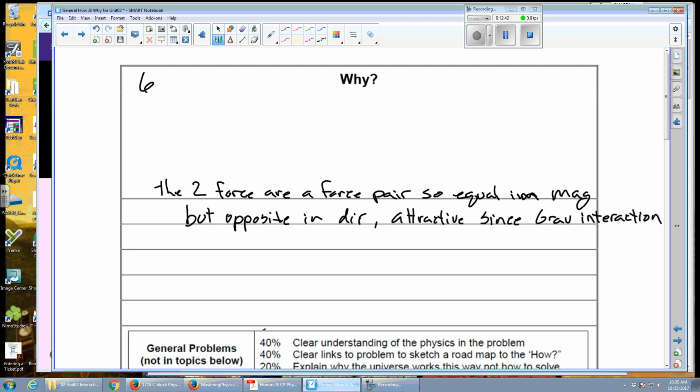What else determines anything about the gravitational force between these two things? Anything else contribute to the gravitational force between the can and the jar? The distance between them. What happens if I increase the distance? The gravity is less.